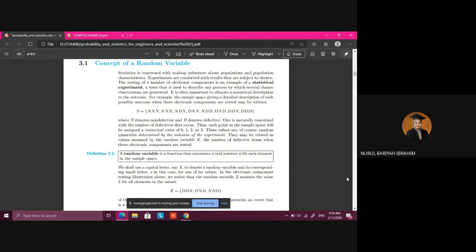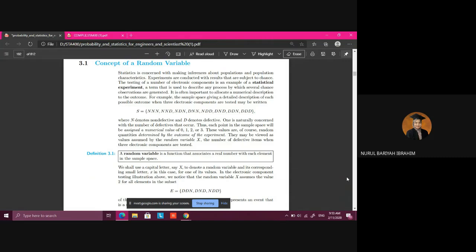And later, when we want to find the probability of a discrete random variable and a continuous random variable, it is also different. So at first you need to differentiate between discrete and continuous random variables.